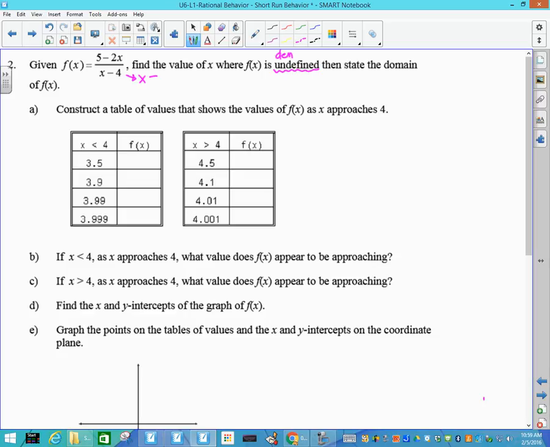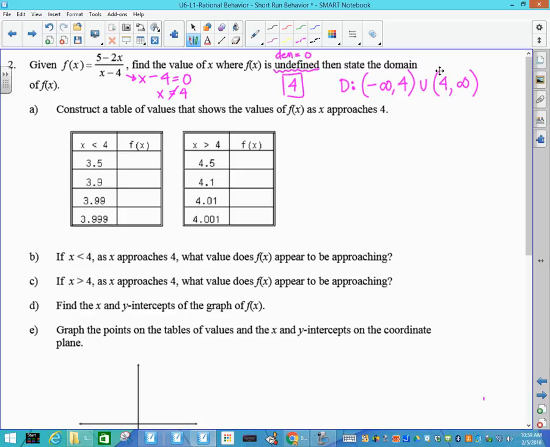So I'm setting my denominator equal to 0 to find that. x minus 4 equals 0, so x equals 4. x cannot be 4, so the value where it's undefined is 4. And we state the domain: we start at negative infinity all the way to 4, close your parentheses, union 4 to infinity.